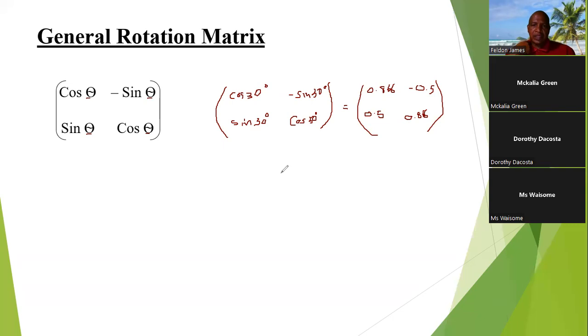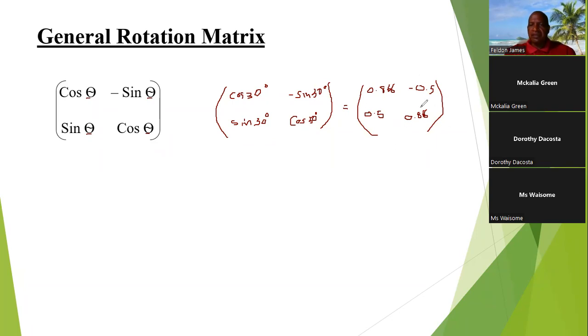Is it clear to you, Ms. Wason, what I'm saying to do? Yes, sir, with the cos and the sine rule. Well, the ratios. All right, so all I'm saying is that if you are to rotate using any other angle apart from the 4 that we started out with yesterday, then you have to put those angles within this general formula and work out the cos and the sine, put them in the matrix, and then use this matrix to multiply your coordinates.